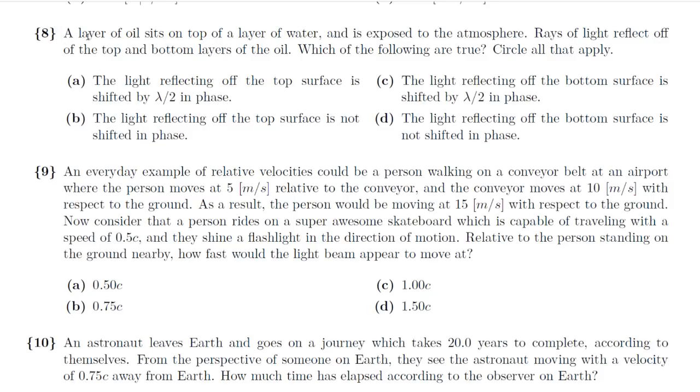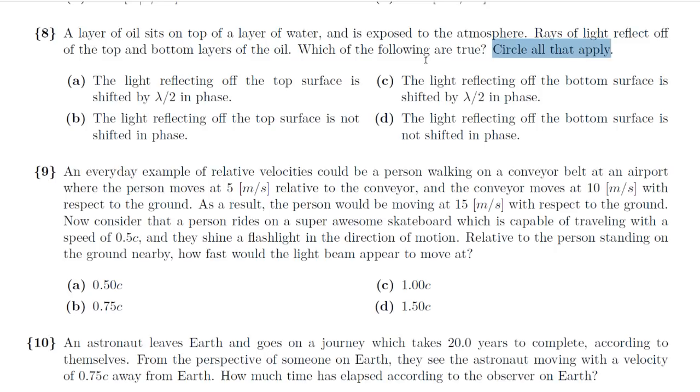Number 8, you have a layer of oil that sits on top of a layer of water and is exposed to the atmosphere, so in other words, air. Rays of light reflect off of the top and bottom layers of the oil. Which of the following are true? Circle all that apply.